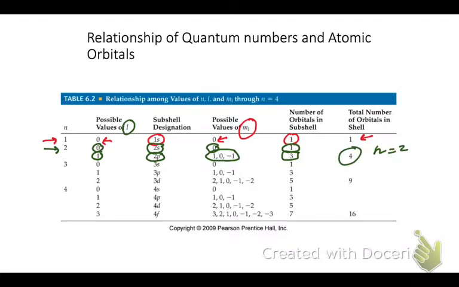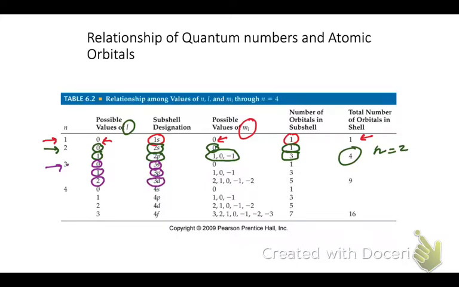Now let's look at n equals 3, and we're going to use a different color. When n equals 3, I have 3 L values, because remember, it's 0 all the way to n minus 1, which is 3 minus 1, 2. So 0, 1, and 2. 0 is 3s, 1 is 3p, and 2 is 3d.